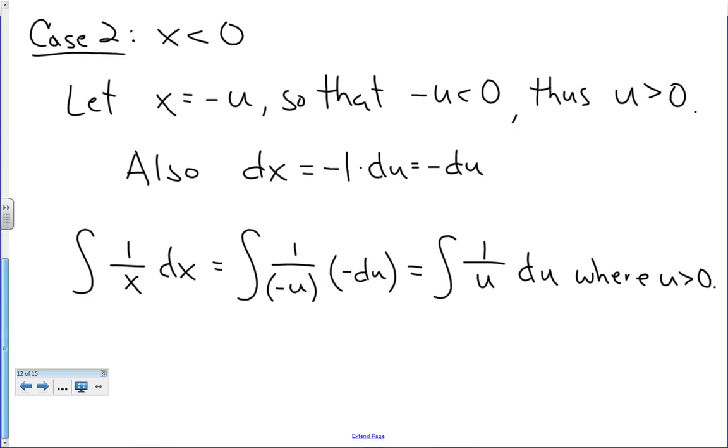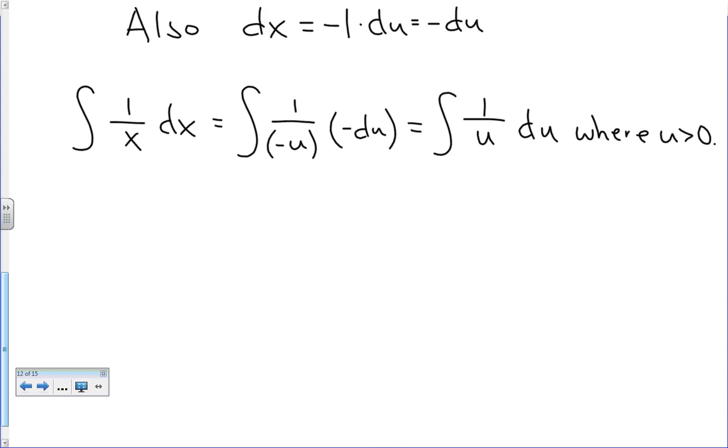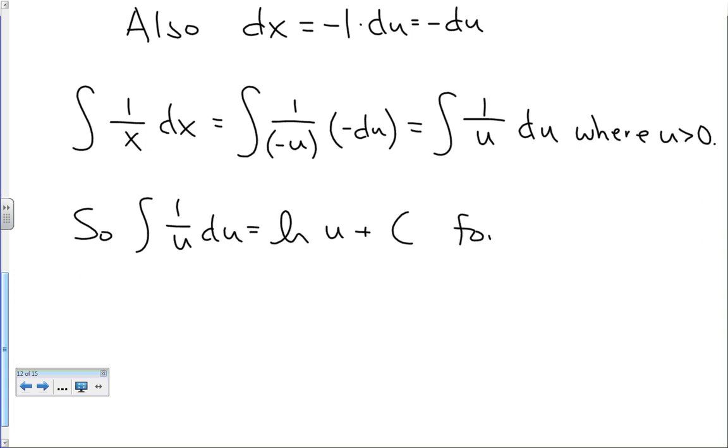So here, all we have is just a different variable. It's u instead of x. So we can find the antiderivative of this. The integral of 1 over u du must equal the natural log of our variable u plus c.